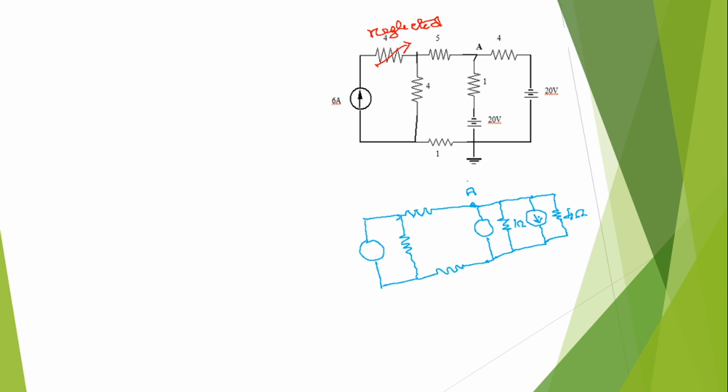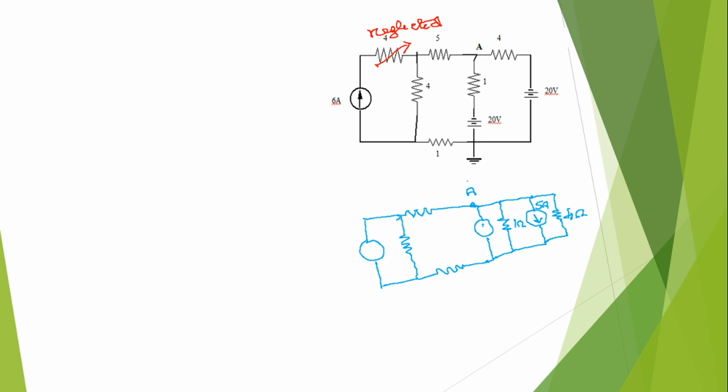And what is the value of the current source? Value of the current source is equal to voltage source value divided by resistance. So 20 by 4. So this is the 5 amps. Now coming to this voltage source. Here also the voltage from A to G is such that A is the lower potential, G is the higher potential.